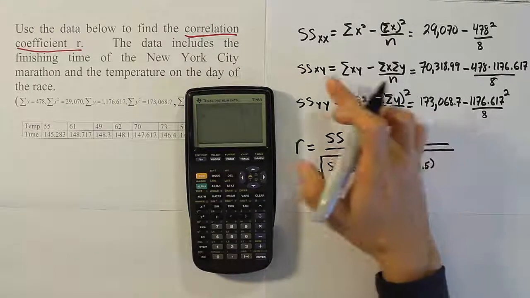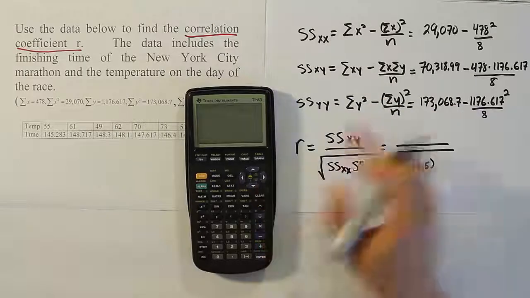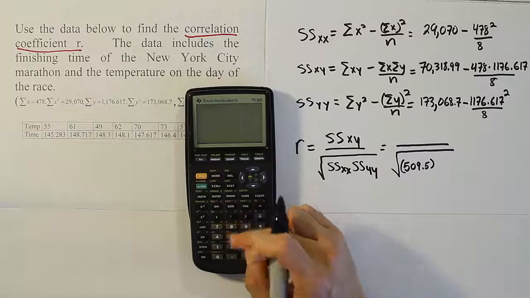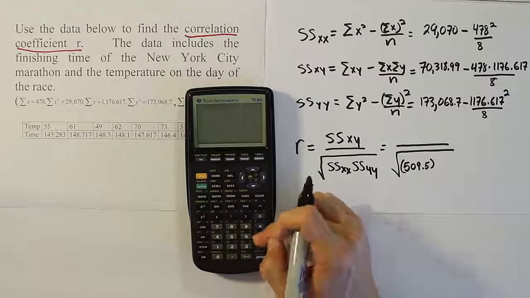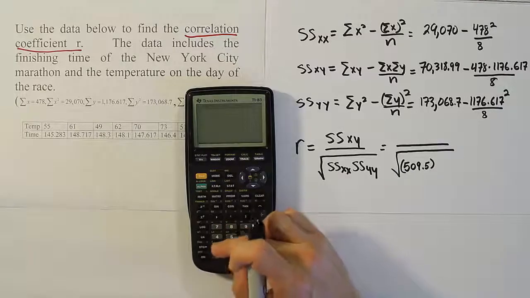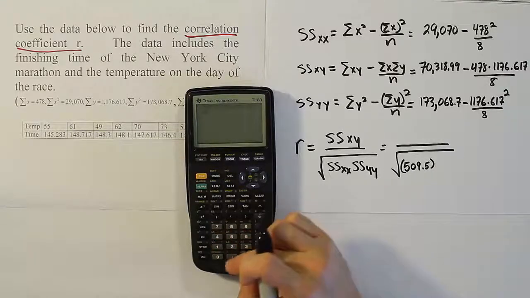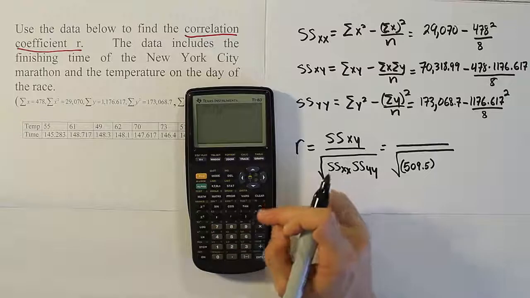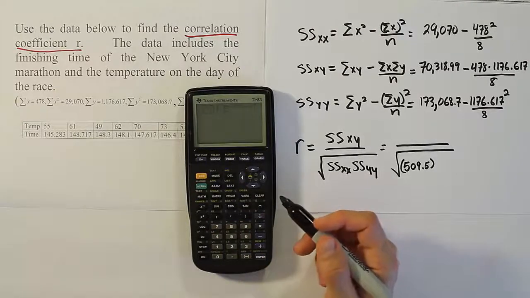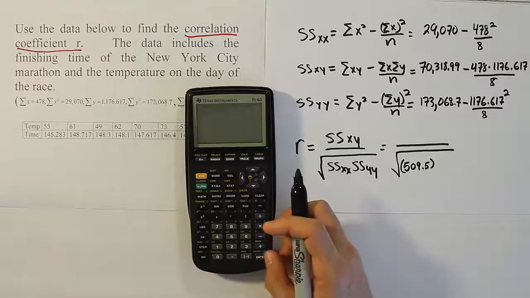First, let's do the sum of square xy, which is next in our list. It's 70,318.99 minus 478 times 1176.617 divided by 8. So you just put it in exactly as you see it. You don't need any special parentheses. The calculator will not make a mistake here on the order of operations.